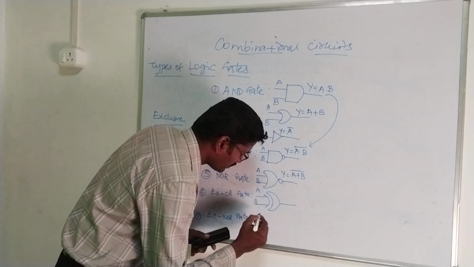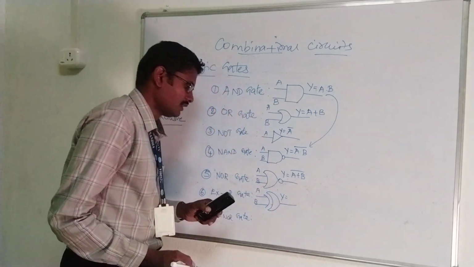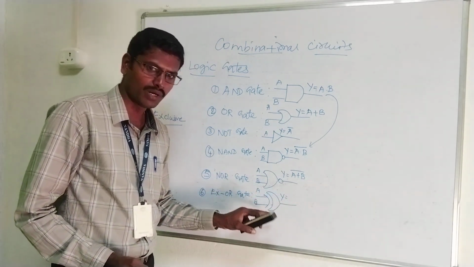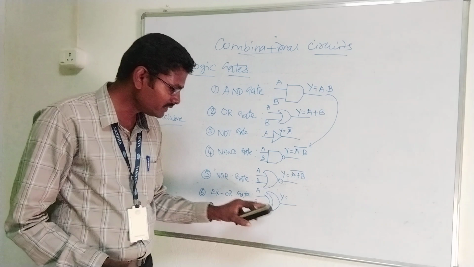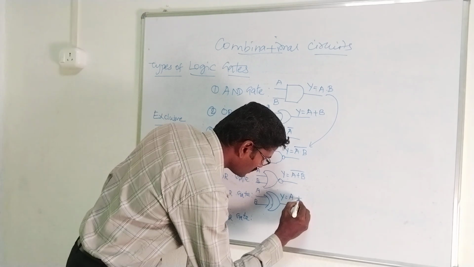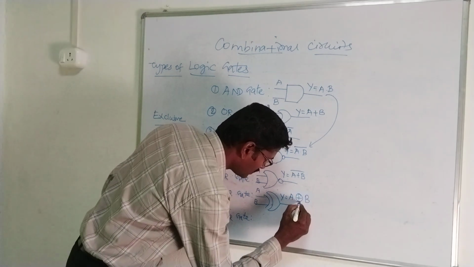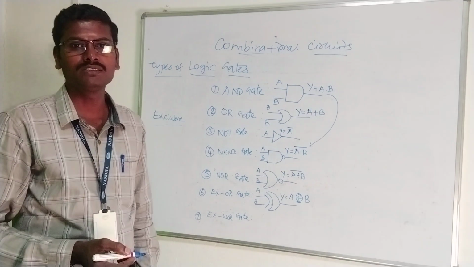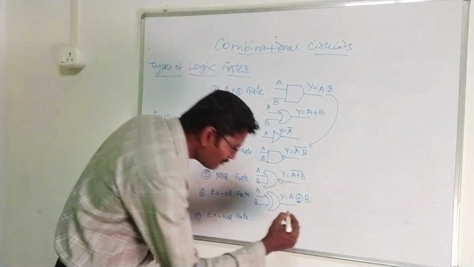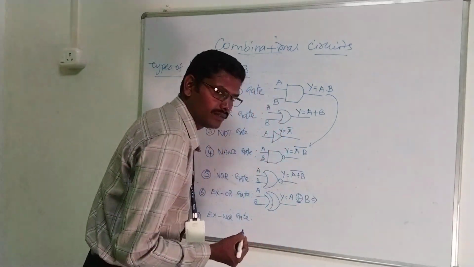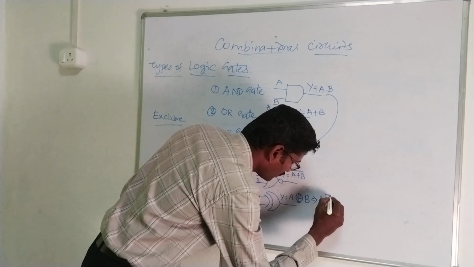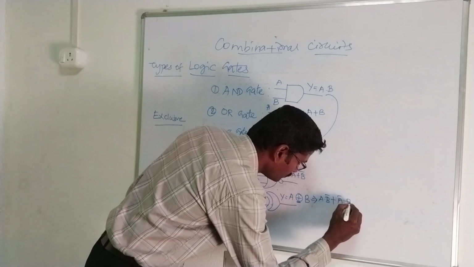Input variables A, B, two input variables, one output variable Y. The output expression for the operation of this XOR gate is Y is equal to A XOR B. So this symbol, the plus over the circle, is known as XOR, A XOR B, which can also be equal to A dot B bar plus A bar dot B.